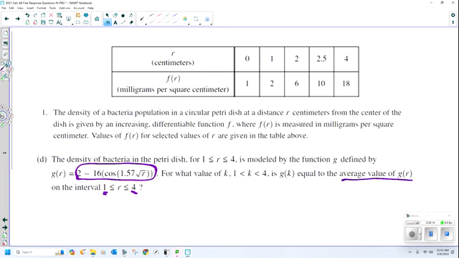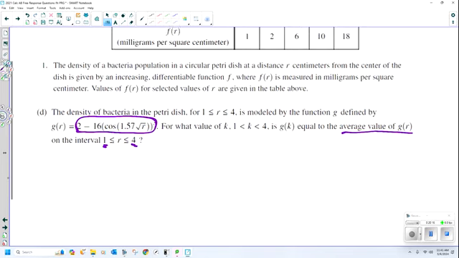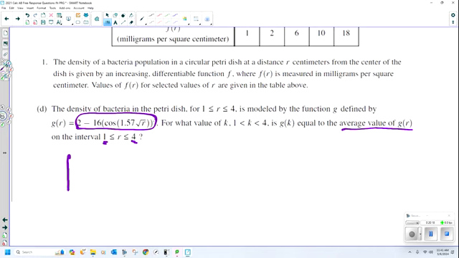Anytime they ask me for the average value, I need to integrate from my interval from 1 to 4, G of R, dr. But if it's average, I multiply that by 1 over the difference in the bounds. And that's what I'm going to start with right here.